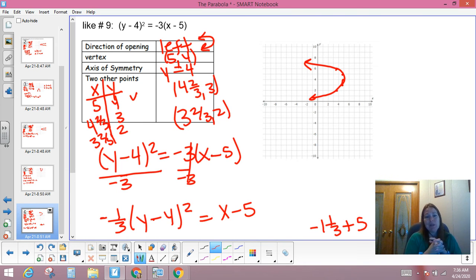I tried to keep it in the realm of everything you're already aware of and not give you anything new. Parabolas have something called a directrix. And again, just like with foci, if you run into it in the future where you need to know what that is, please email or call me at the school. Hopefully we're back there by the beginning of next school year. And I'll be happy to walk you through anything you need to know about conic sections that I didn't cover, all of the foci and directrix and things like that.